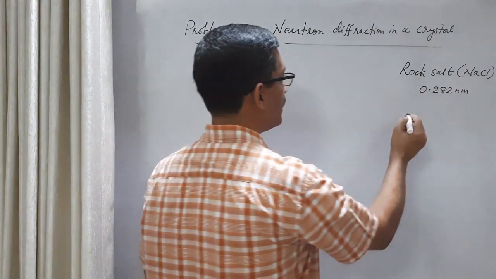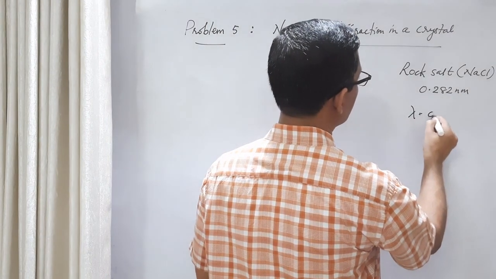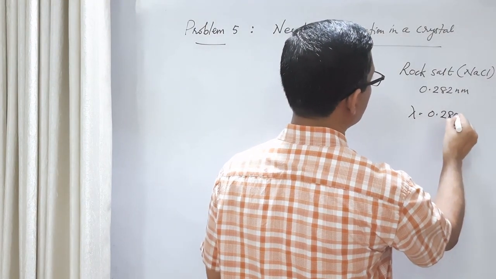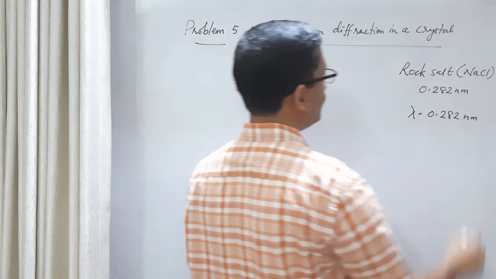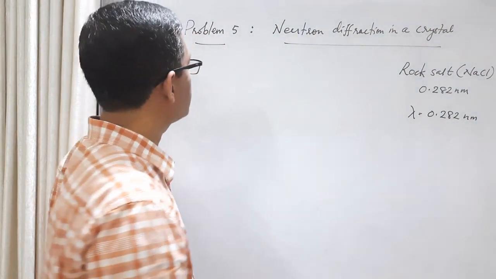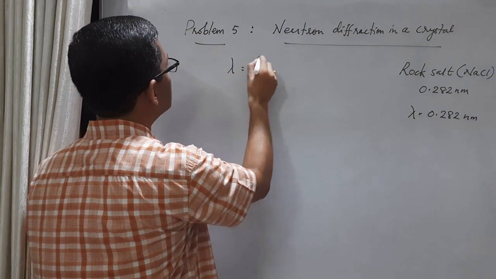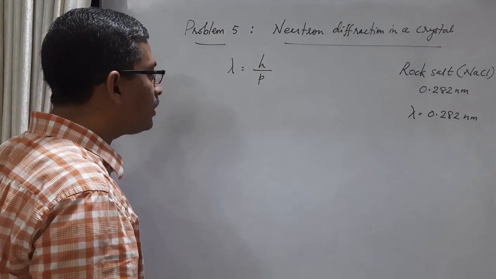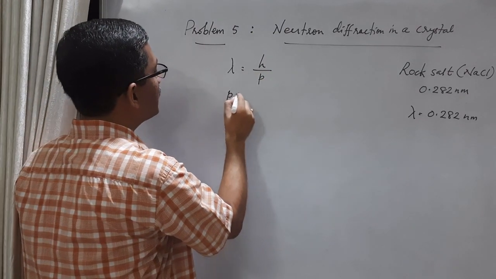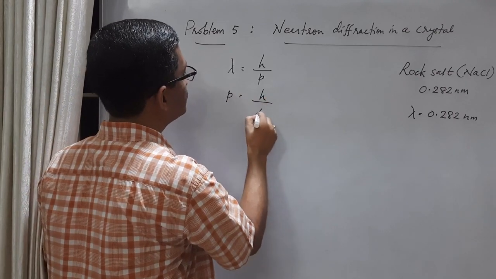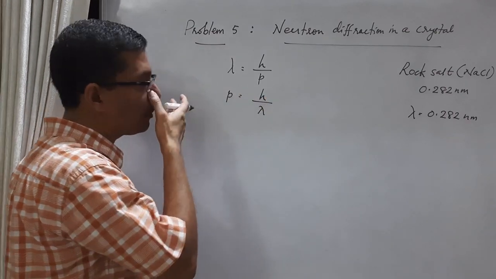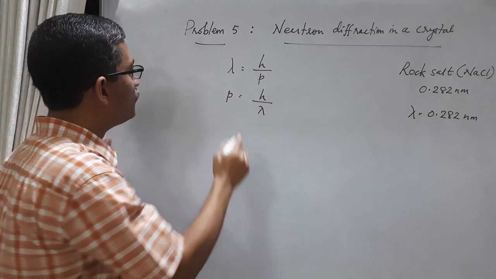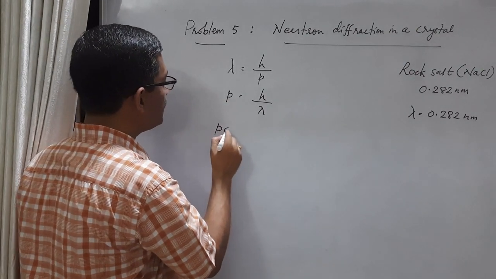Okay, so let us start like this. The de Broglie wavelength of the neutron beam is this much, 0.282 nanometer. We want to calculate the kinetic energy. So let us start with the de Broglie equation. If lambda is given, we can get momentum, right? If we have momentum, we can calculate pc.